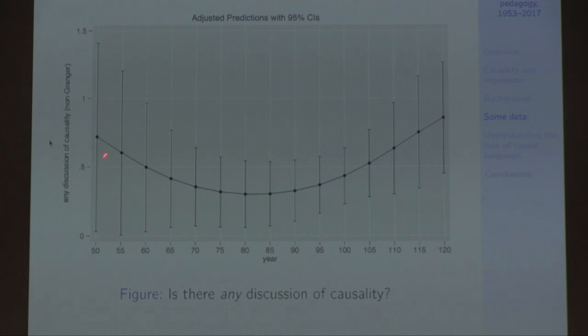Over half of the early textbooks talk about causality and warn students about not making causal interpretations. And then that falls quite rapidly up until the nadir here in the 1980s when a very small fraction of textbooks actually discusses causality. And then things start to get better. So during this century, textbooks do tend to, again, start discussing causality.